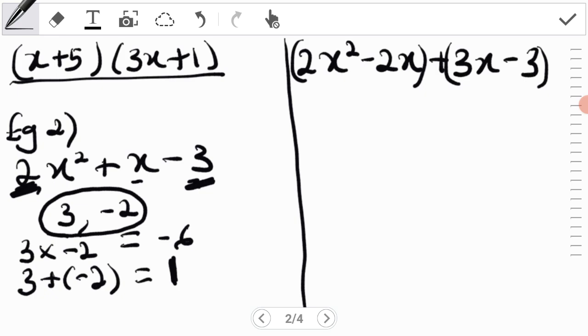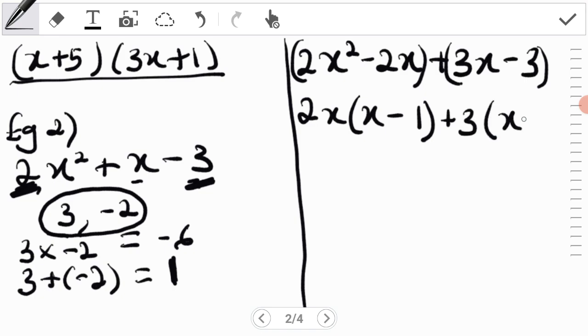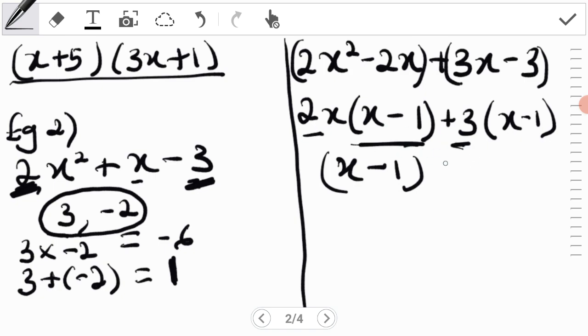We can factorize 2x here, so we have x minus 1, plus 3, so we bring out 3, and we have x minus 1. So our final answer will be x minus 1, we pick one of these, and then we pick this and this into another bracket. So we have 2x plus 3, and that will be your final answer.